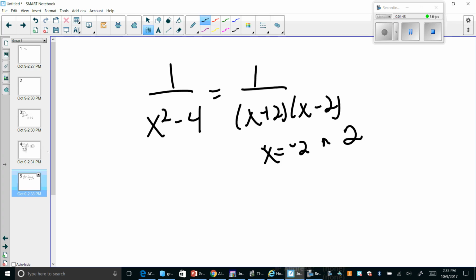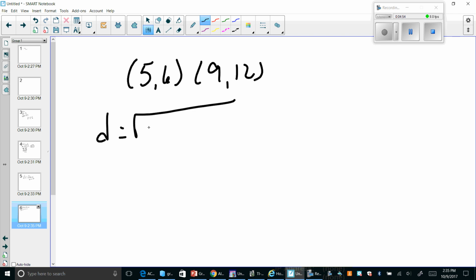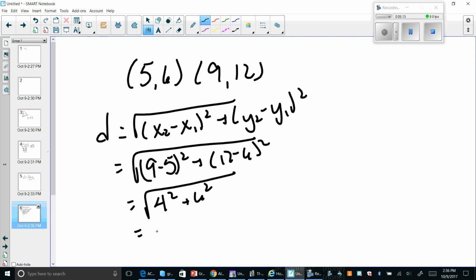So then I'm going to have to multiply that times 25. So 5, 6 to 9, 12. Distance formula is the square root of x2 minus x1 squared plus y2 minus y1 squared. So it would be 9 minus 5 squared plus 12 minus 6 squared, square root of 4 squared plus 6 squared, square root of 16 plus 36, square root of 52.